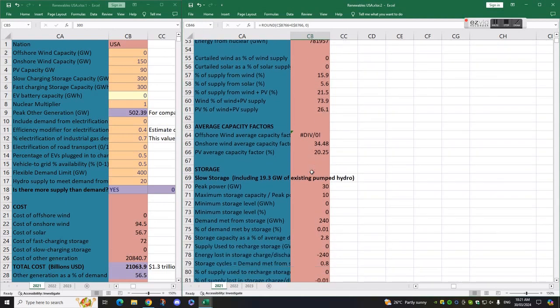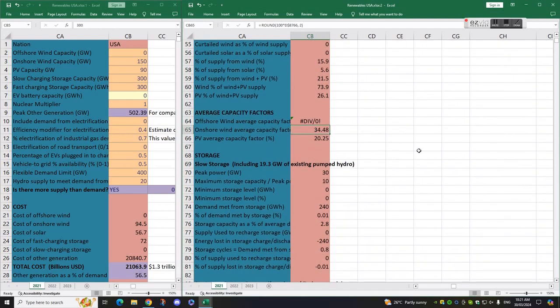Capacity factors is the average percentage of maximum capacity that the wind and solar were generating at during the year. Over the entire year, wind was generating at 34.5% of its maximum capacity. That's a good value. Of course, it is very windy in the central third of the US, where they have most of the wind turbines.